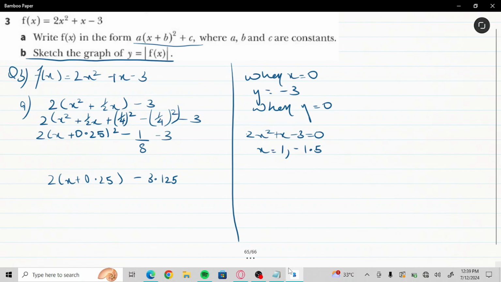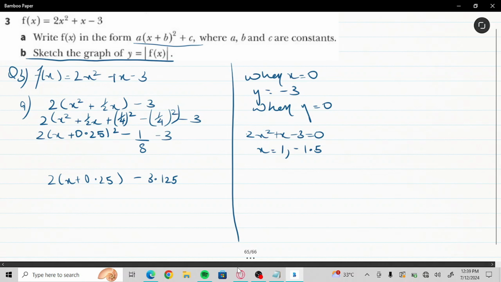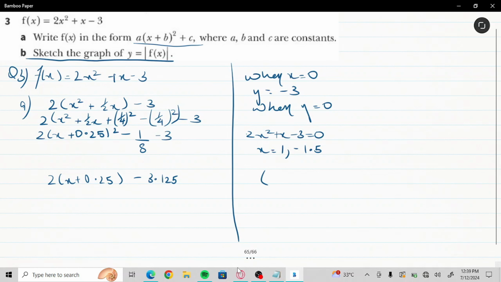These are the two x values we need. Then I'm going to plot these points first. So for the y, x minus h, it's going to be negative 0.25, and plus k, it's going to be negative 3.125.